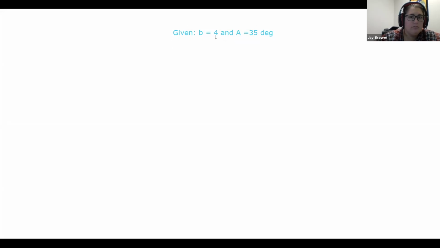Okay, so here's hoping we have a shape that looks kind of like a triangle, but we do not, so we'll just draw it this way.